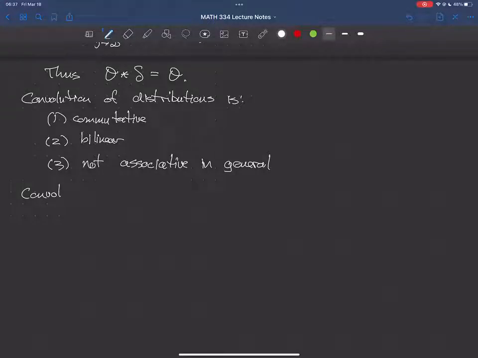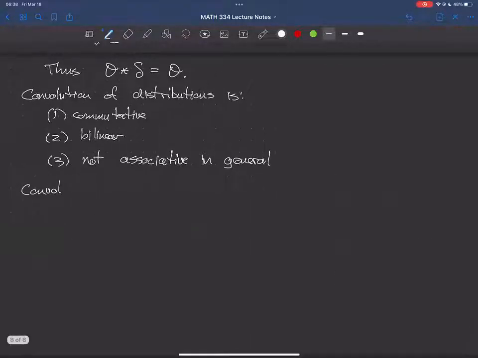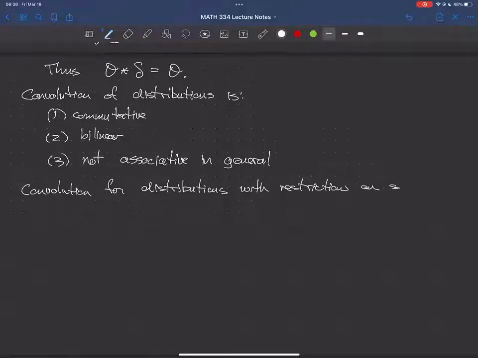We were particularly interested in the case where the supports were bounded on the left, and we'll look at the same thing here. So convolution for distributions with restrictions on their support.